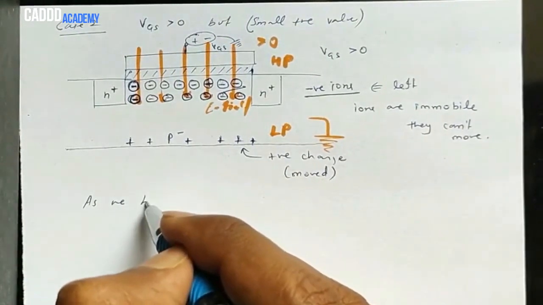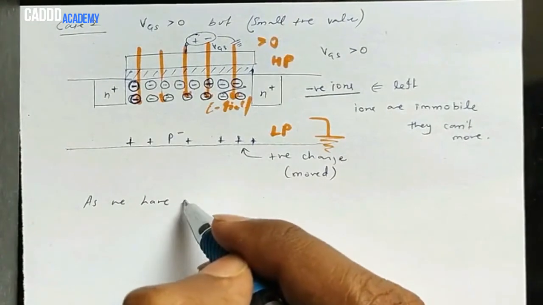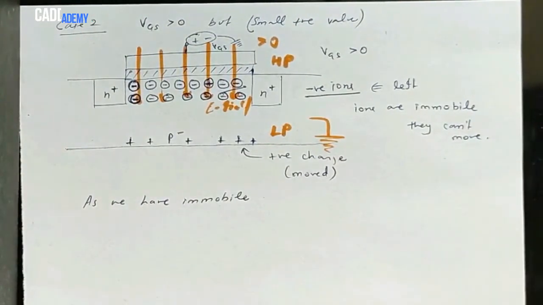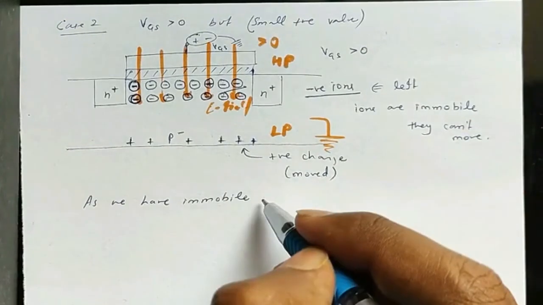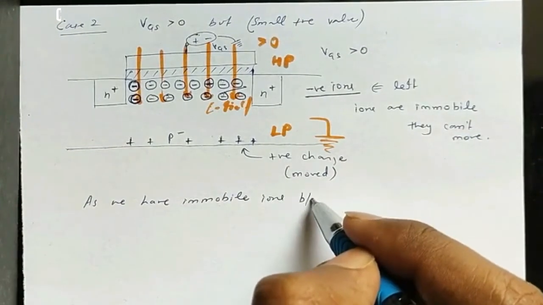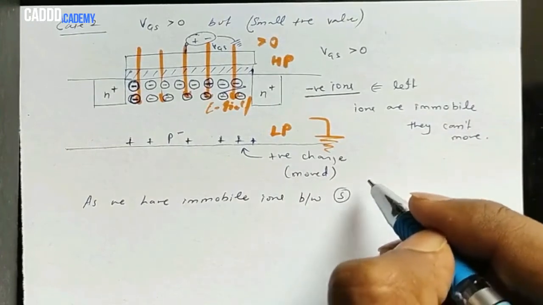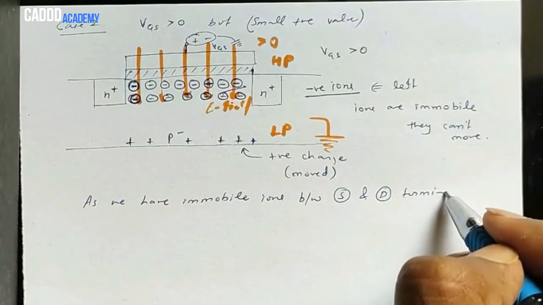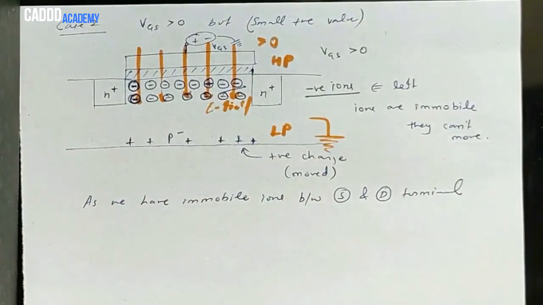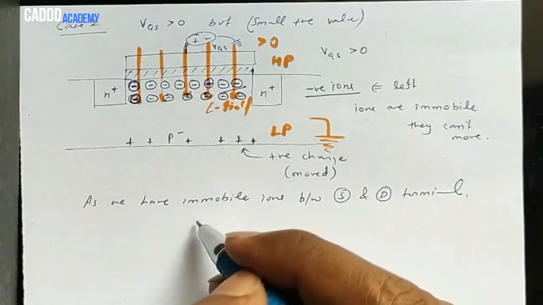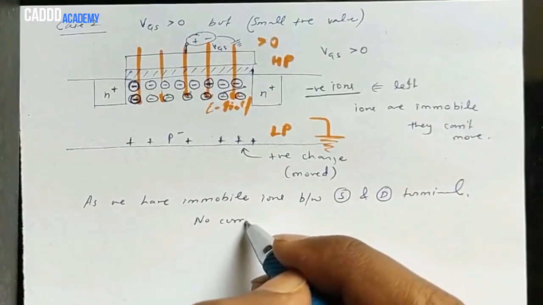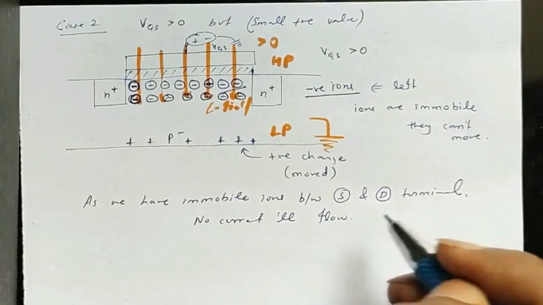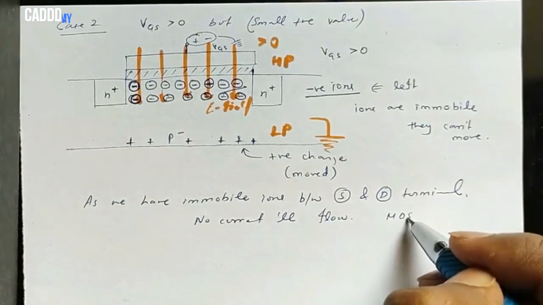As we have immobile ions between the source and drain terminals, no current will flow and the MOSFET will be in the off condition.